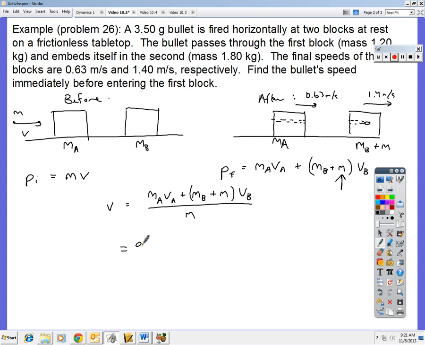When we plug the numbers in, we find that the bullet was moving with a speed of 937 meters per second. So that is a very straightforward problem. A lot of the conservation of momentum problems will be like this, but we'll see in the next video that it gets a little trickier sometimes.